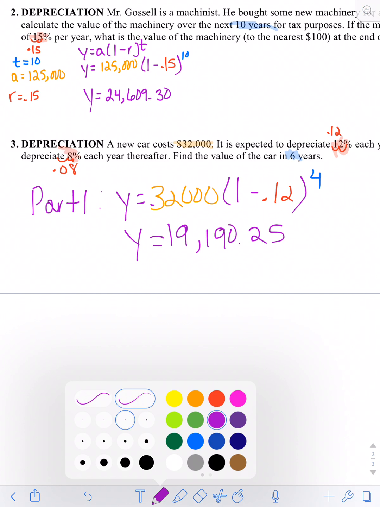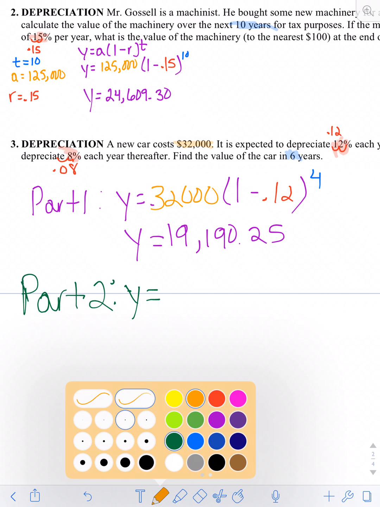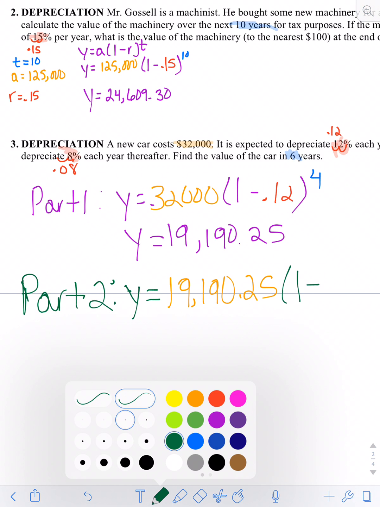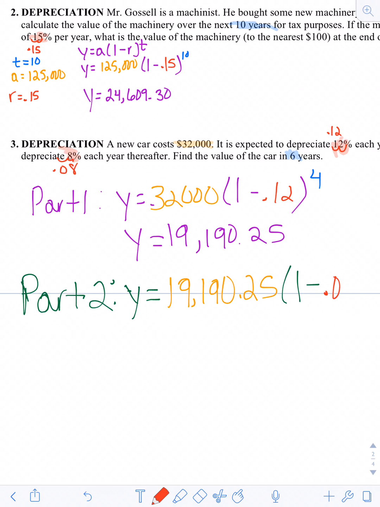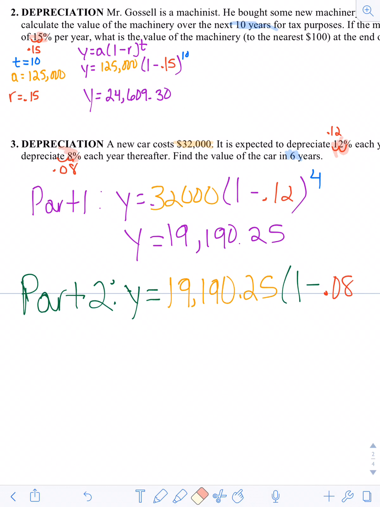Okay, part two. So we have y equals, now we're going to use the answer we just got as my initial amount, $19,190.25. We're going to do 1 minus my rate, which was 0.08, and that would be to the power of each year after for 6 years.